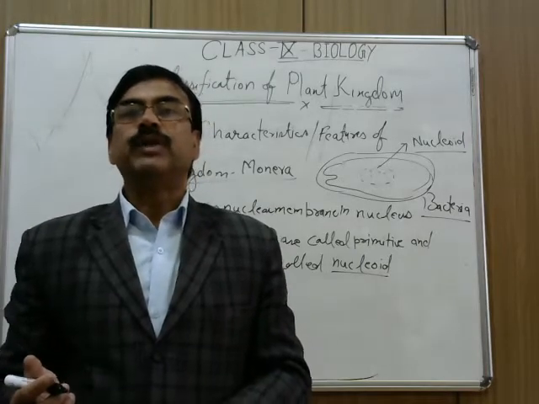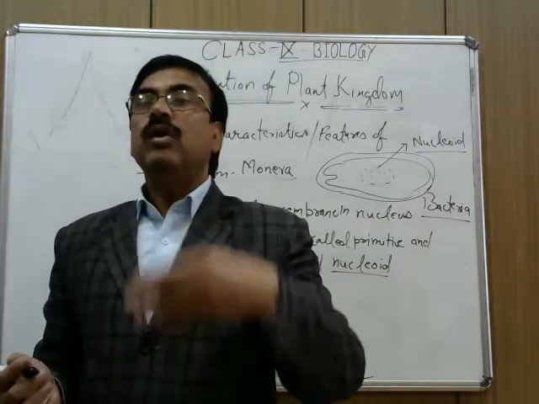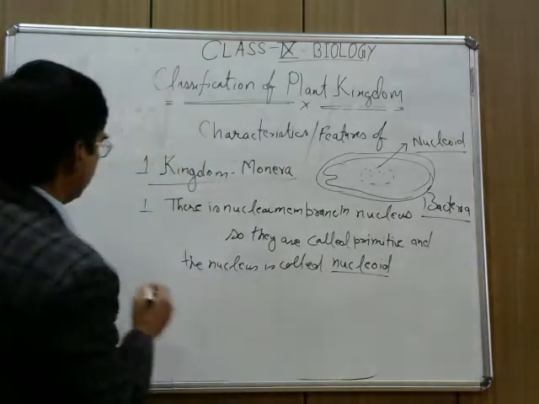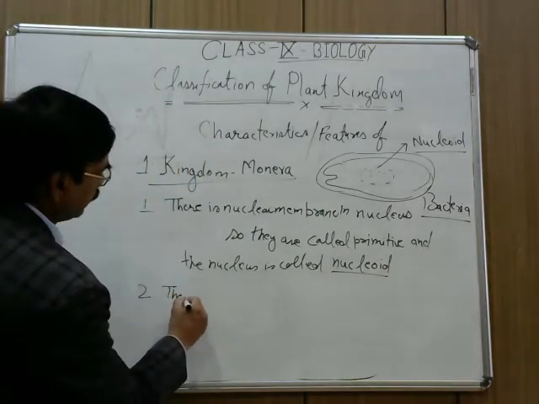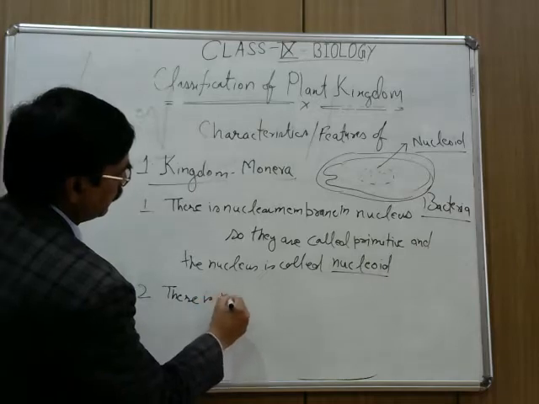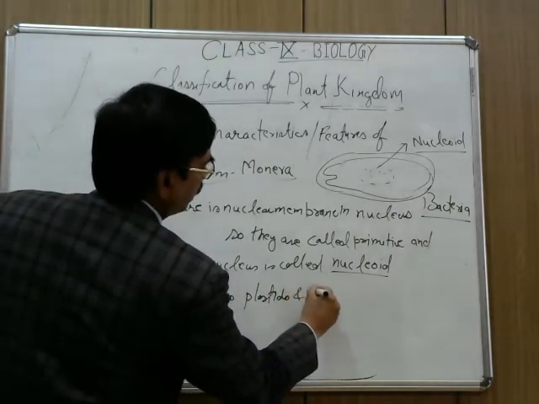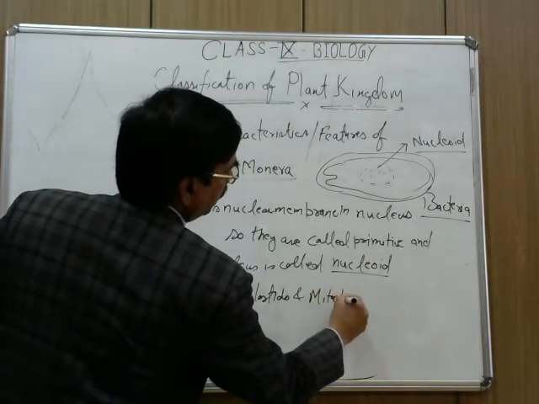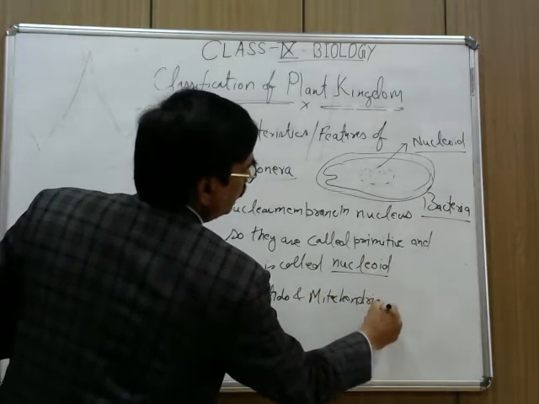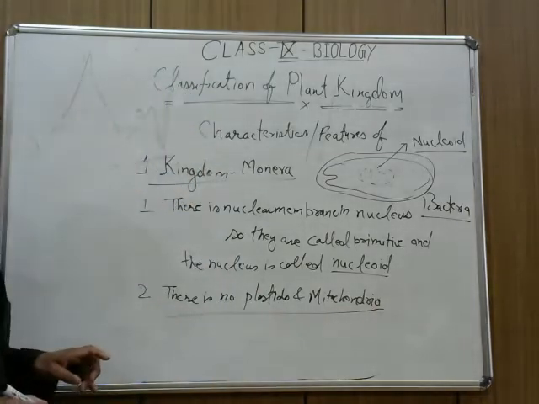Number 2, there is no plastid and mitochondria. These cell organelles are absent.